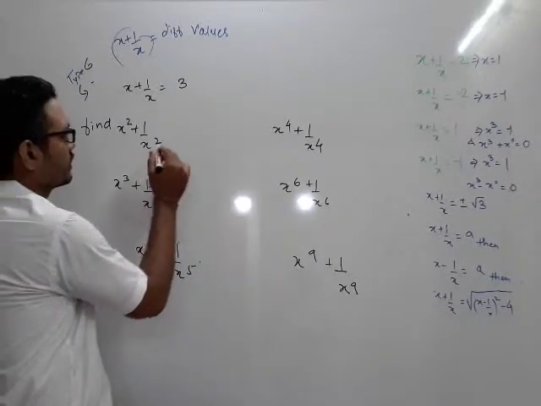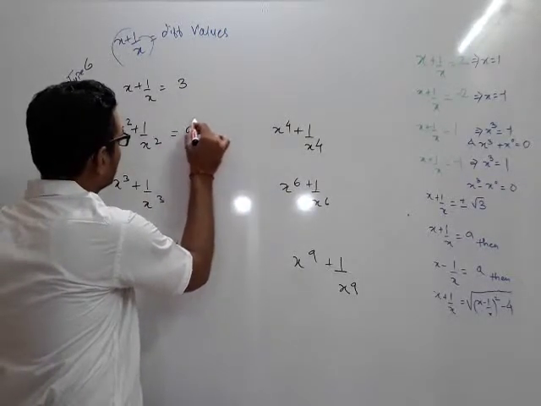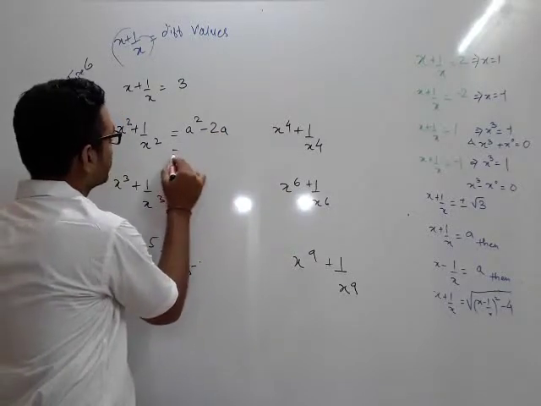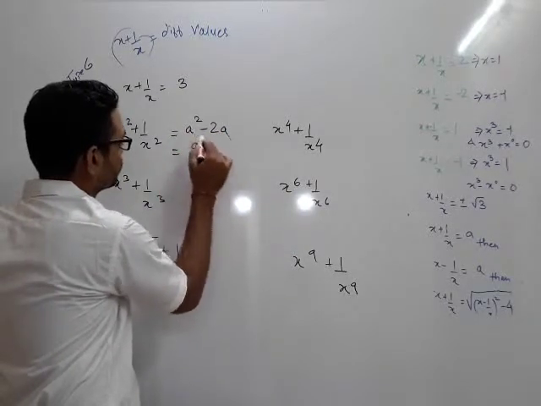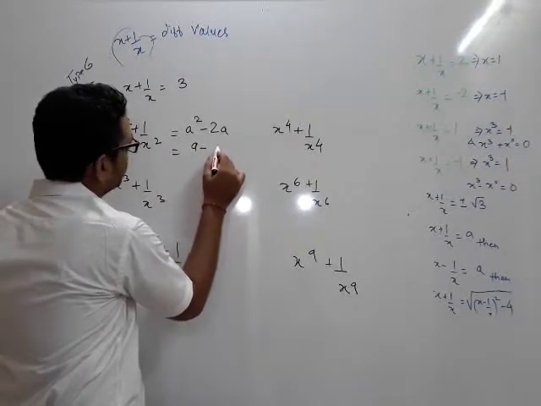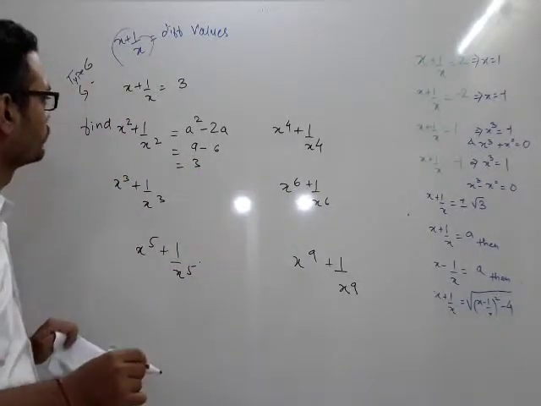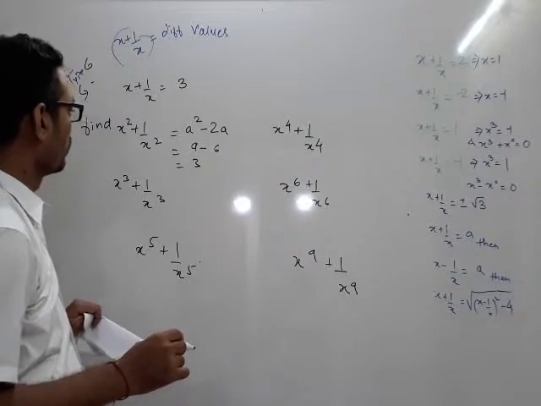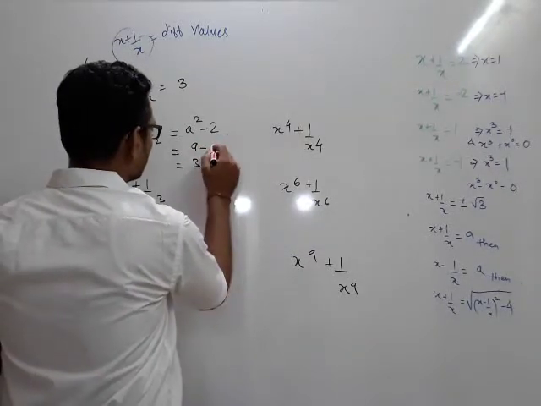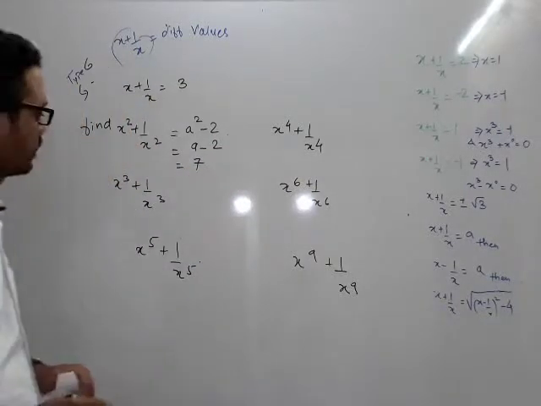So when x plus 1 by x is 3, how do we find x square plus 1 by x square? It is nothing else but a square minus 2. So what is a square? 9 minus 2, which is 7. Alright.